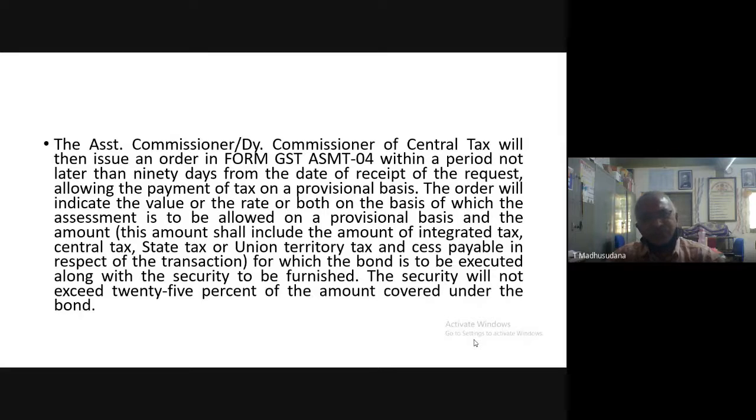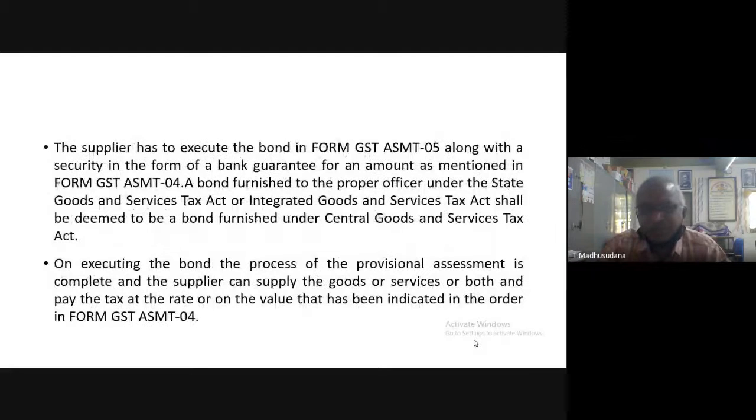So he has to pay the amount and execute a bond. The security will not exceed 25% of the amount covered under the bond. So whatever security he offers, that security amount should not be more than 25% of the amount. So that's the next step.